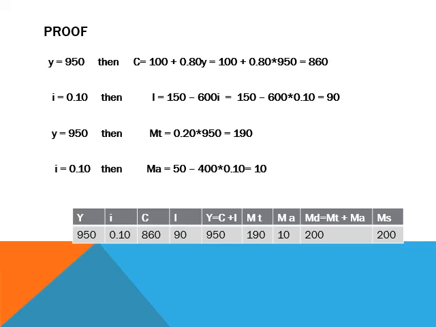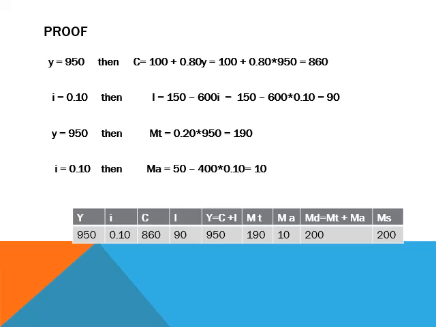Let's move on. If income equals 950, then we can find money for transaction, or the demand for transaction.